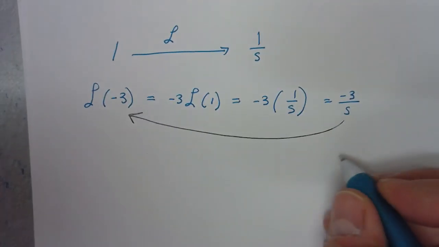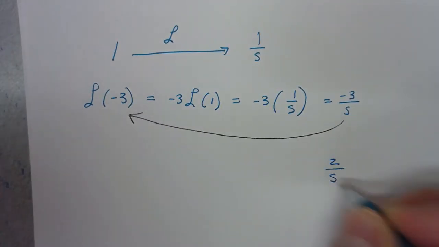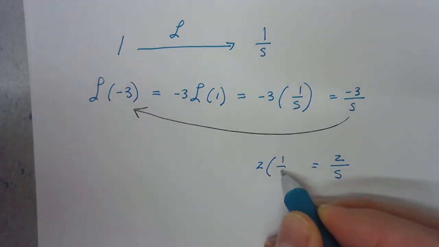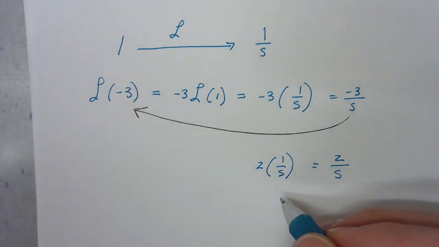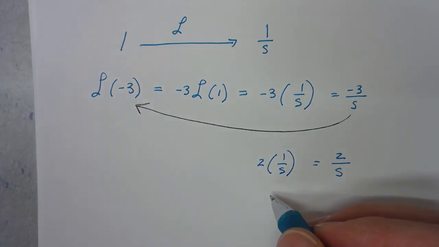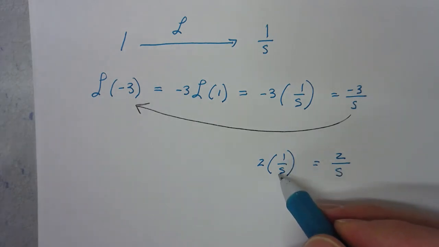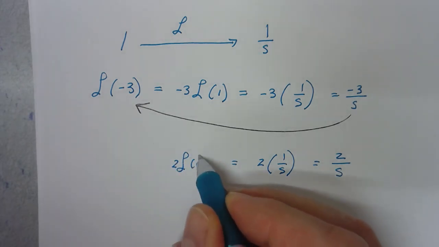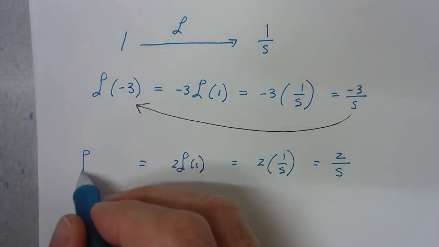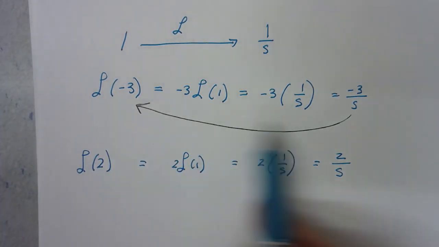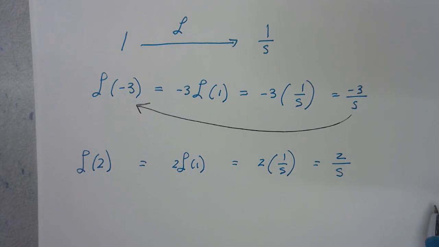If I have something like 2 over s, this is 2 times 1 over s. On the table online, the right-hand column has all the transforms. I find 1 over s and see that it's the transform of 1, so this is the transform of 2. We're going to need to go both directions.